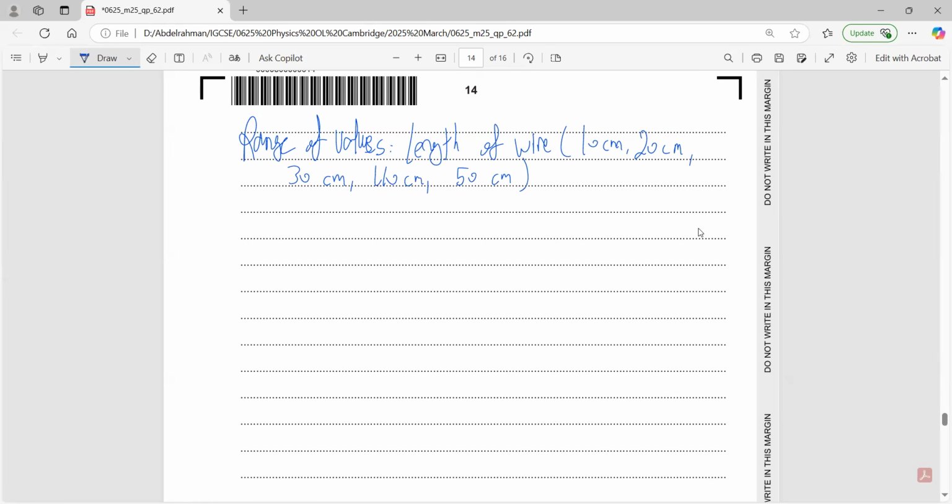And then after the range of values, you need to say the controlled variables. What are the controlled variables in this question? Can I say the potential difference or the EMF of the power supply? Yes, I can say the voltage of the power supply. Can I say the material of the wire?